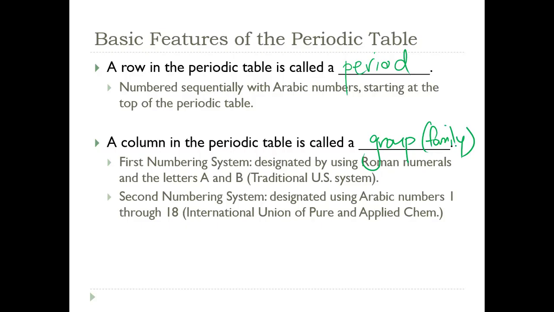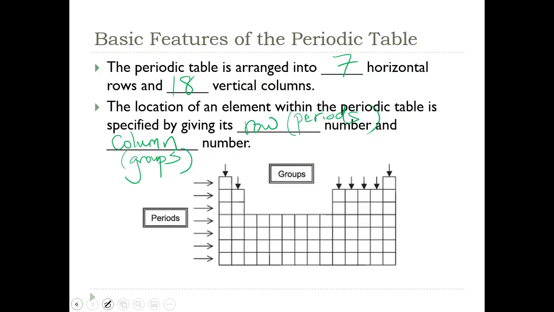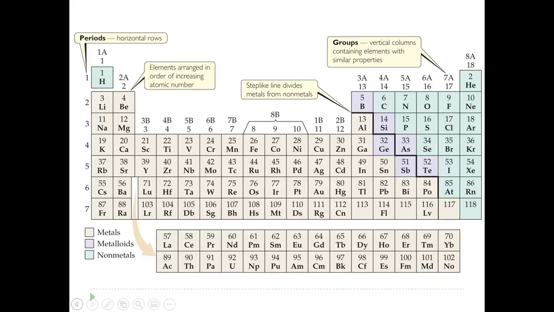There are two numbering systems that you may encounter. In one numbering system, we have Roman numerals with the letter A or B behind them, and in the second, we just have them numbered 1 through 18.